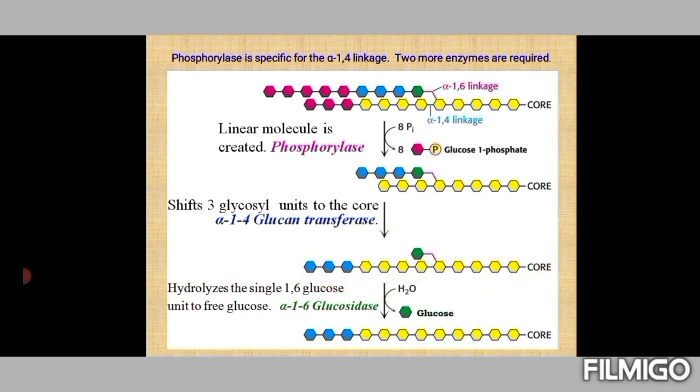So these 3 molecules are shifted, and the fourth molecule remains attached to the original chain in alpha-1,6 mode. So this is what alpha-1,4-glucan transferase does. It just shifts, but phosphorolytic or hydrolytic cleavage is not involved.